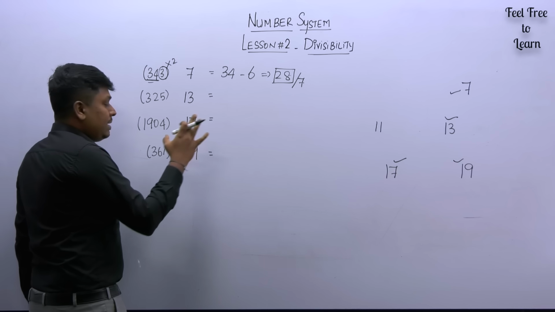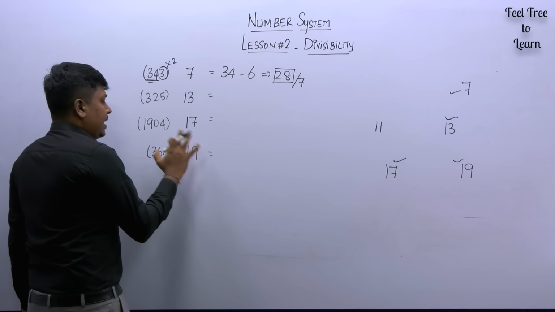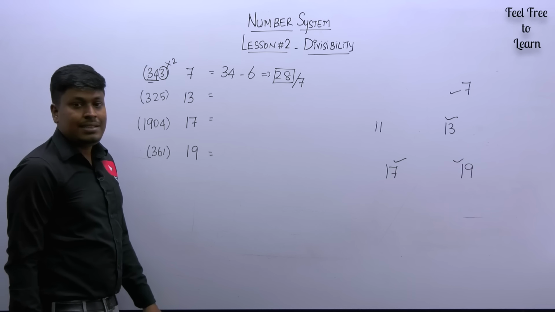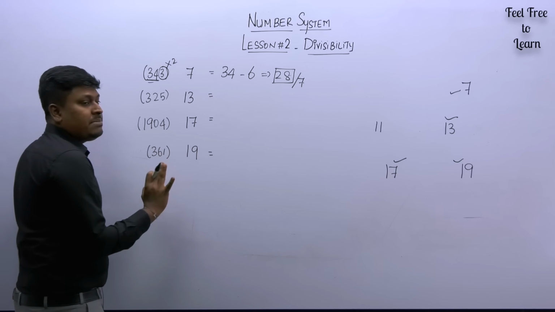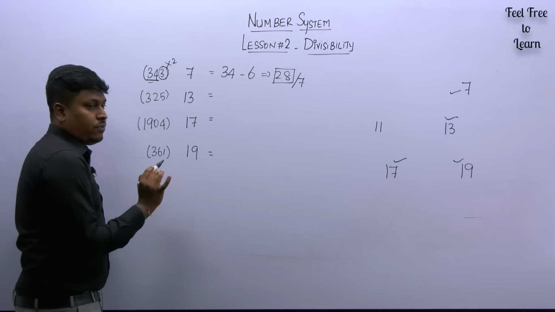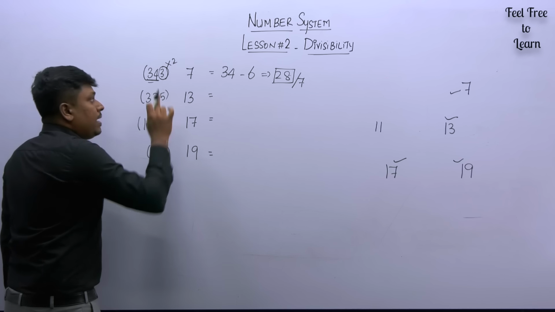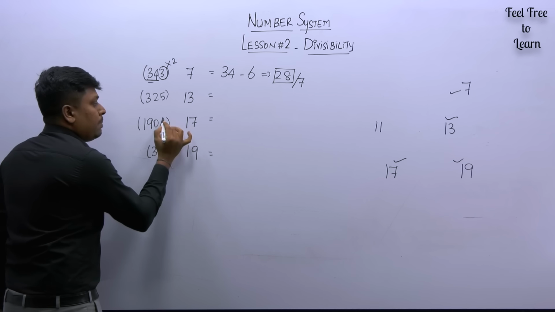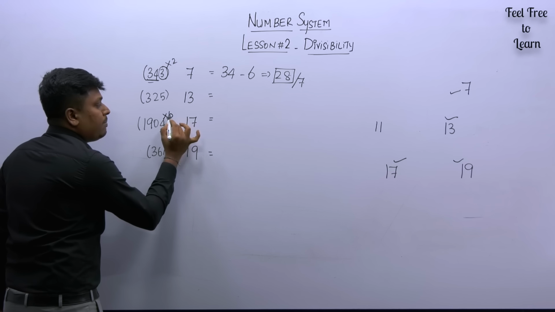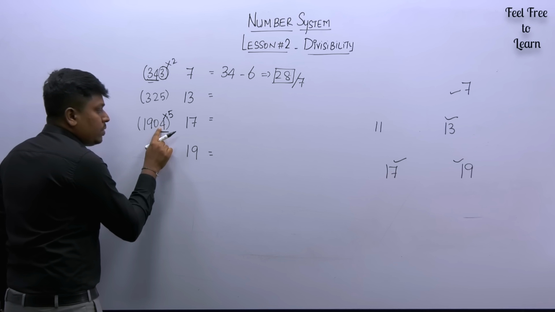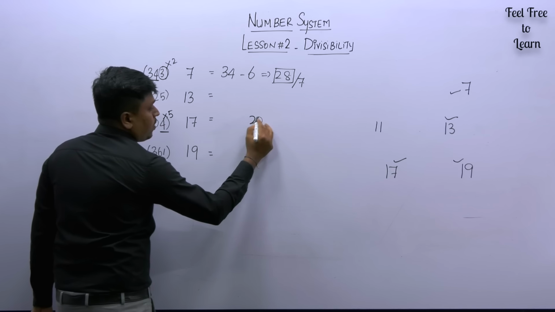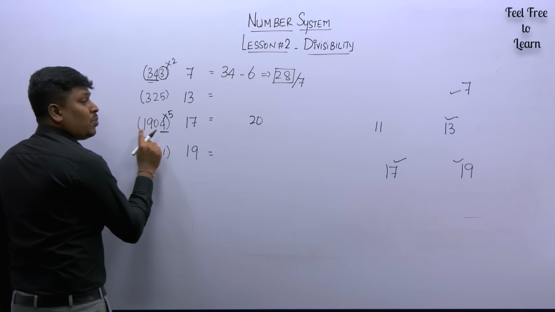So similarly, our next target, let me go with 17. 17 is also the same scenario. Take 1904. What about the last digit? The last digit is 4. Here you multiplied by 2, but for 17 you have to multiply by 5. Got it? 5 into 4 is 20. What about the remaining numbers? It is 190.